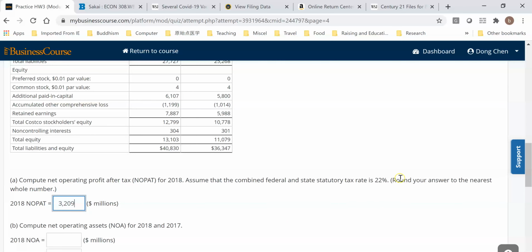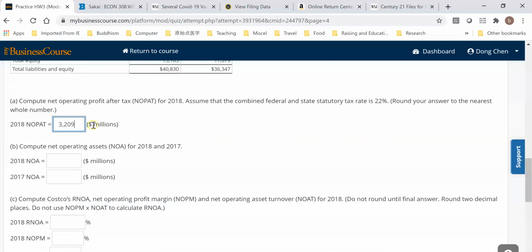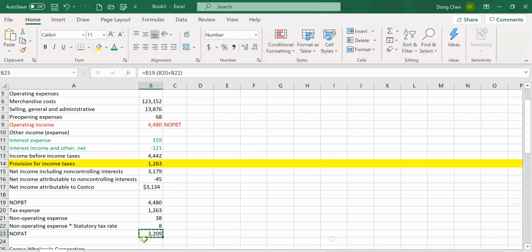If we're going to use this number subsequently, we have to check the rounding requirement again. Here it says do not round until the final answer, so we don't have to round this in Excel in terms of calculation.